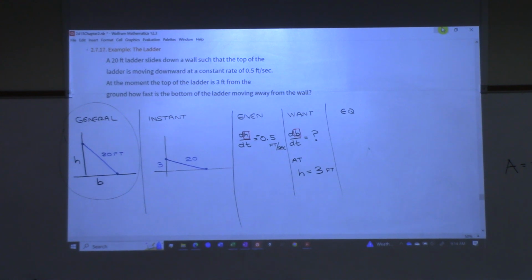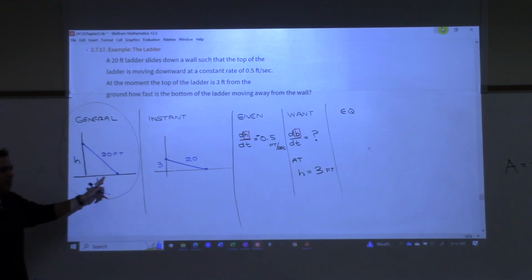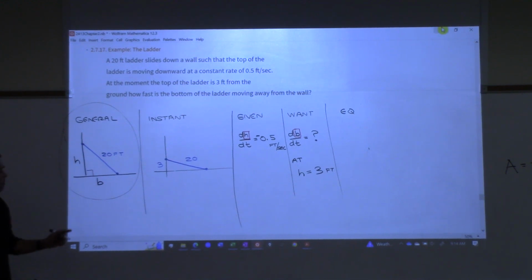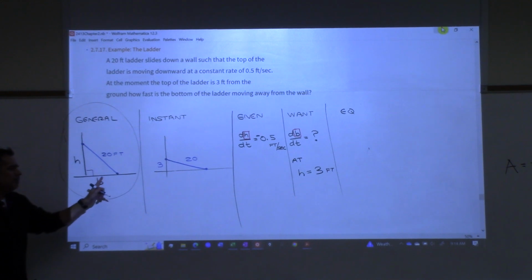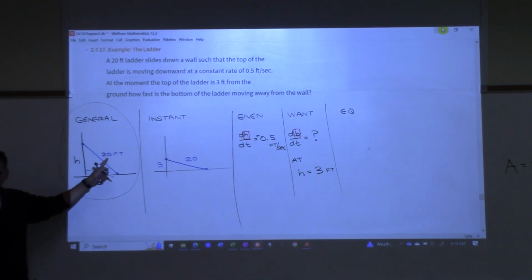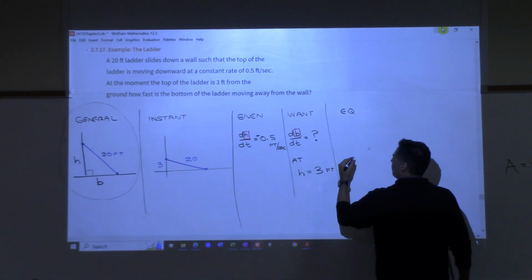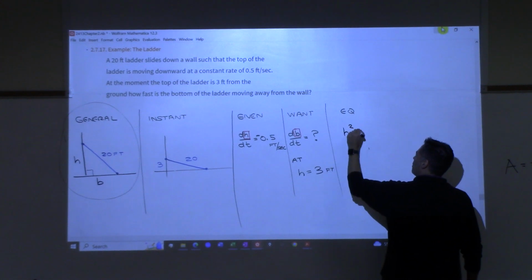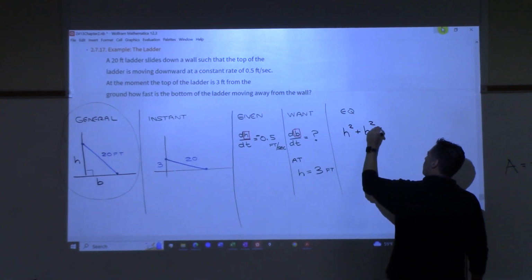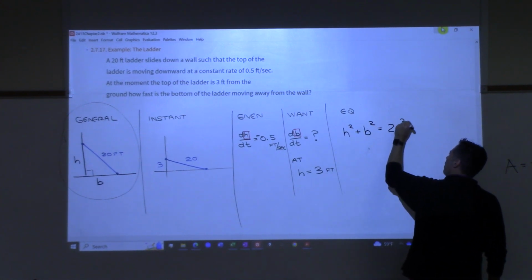Go ahead. Pythagorean, right? Don't we have a right triangle here? I mean, this is a right triangle. And so you could use Pythagorean, which says that a squared plus b squared equals c squared, right? Let's use that. For us, it won't be a squared. You can say h squared plus b squared equals 20 squared, right?